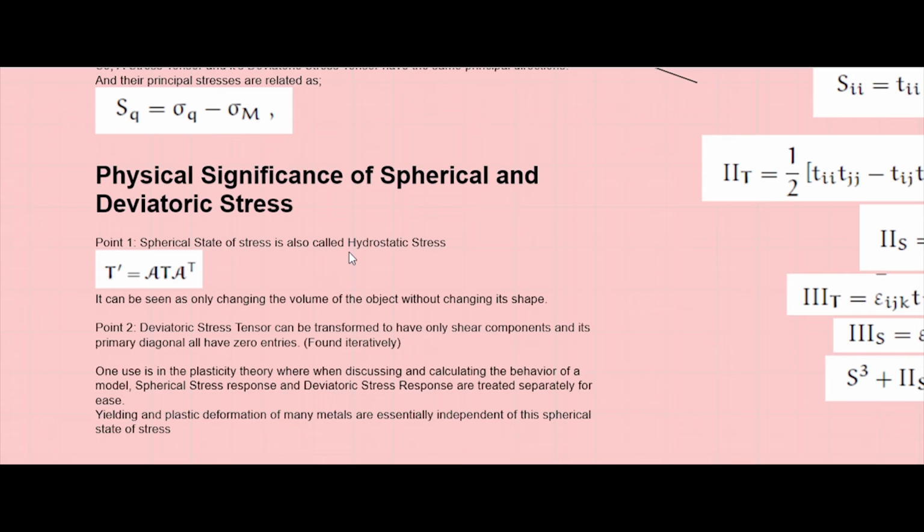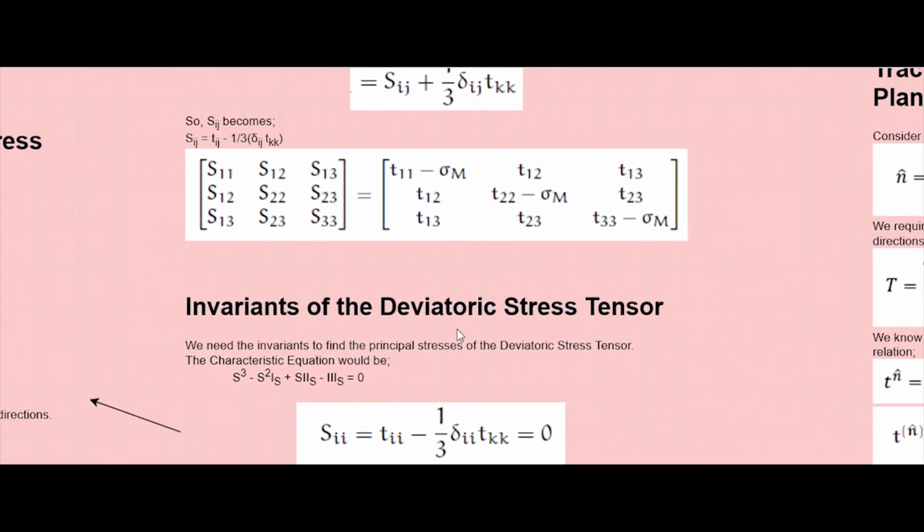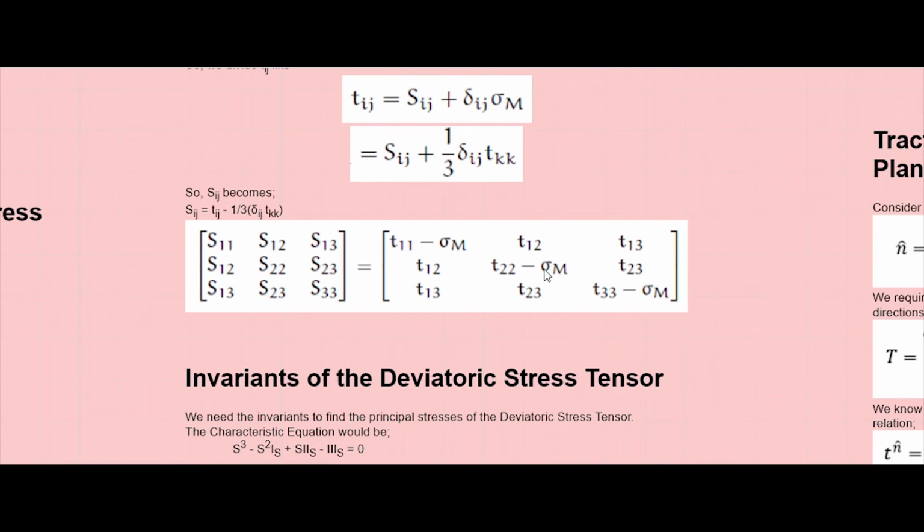Also, the process of obtaining the matrix of pure shear is an iterative process. You apply transformations, see their impact, and iteratively get closer to a point where you see the normal stresses disappearing.